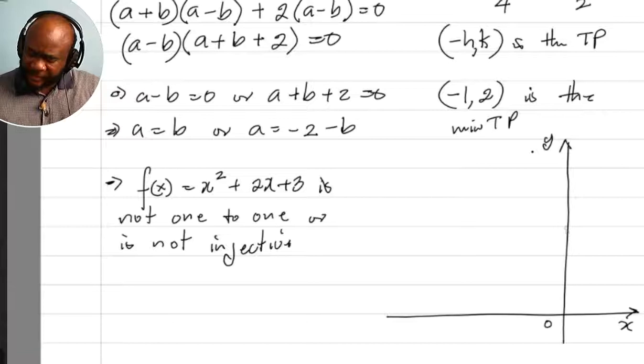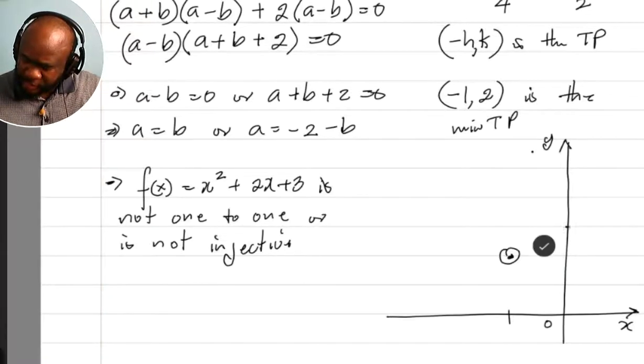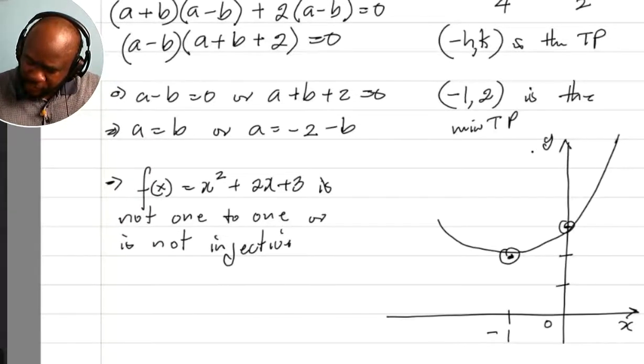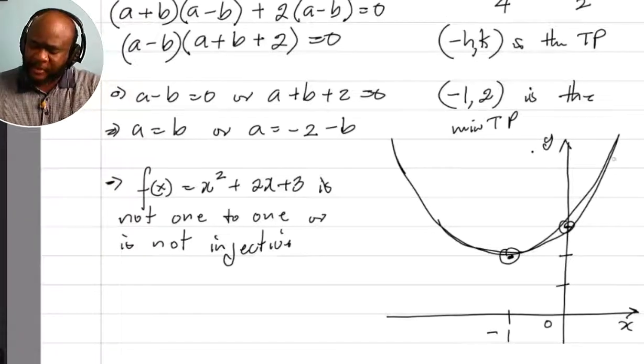The y-intercept is 3, and minus 1, 2 is the minimum turning point. This is 1, 2, 3, minus 1. So I'm guessing my graph could look something like this. My parabola could look something like that.